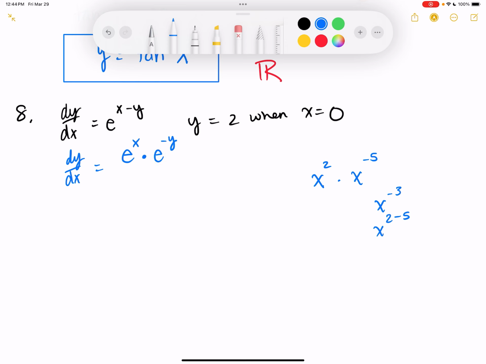And then what can I do with it? Am I allowed to have negative exponents? So what do I do? Put it where it ain't, make it positive. So dy dx is equal to e to the x over e to the y. And now what?